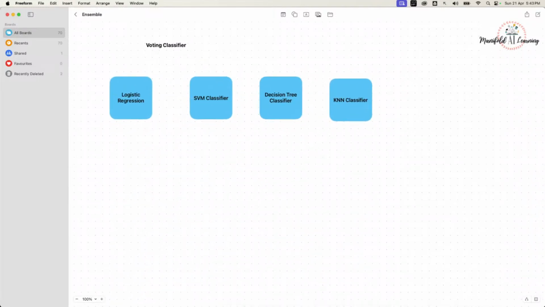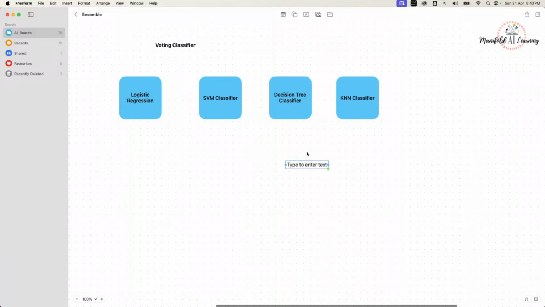A simple way to create a better classifier is to generate the overall prediction by considering the prediction from each model.